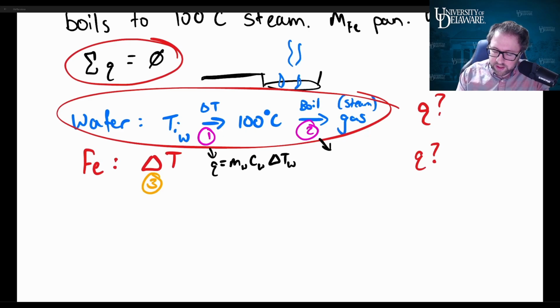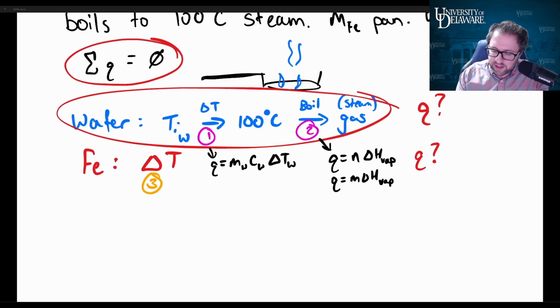We have this one. So we didn't quite make it here in lecture, but we did gloss over it very quickly. And it's at the end of our lecture slide deck. But we can describe the energy of a phase change with either Q equals n delta H, in this case boiling, that will be vaporization, right? We could also use m delta H vaporization.